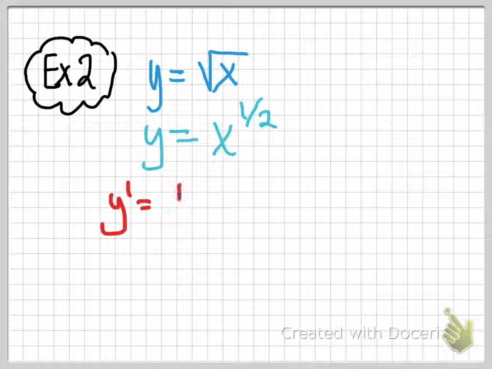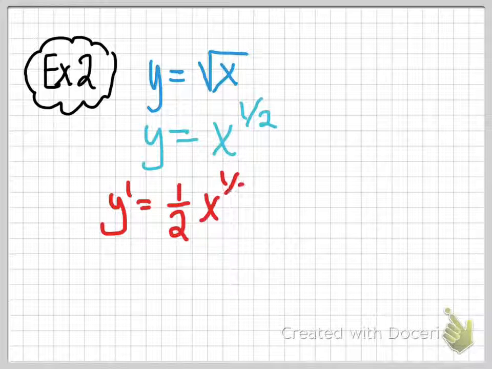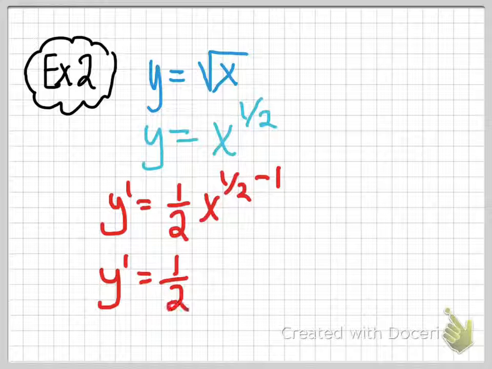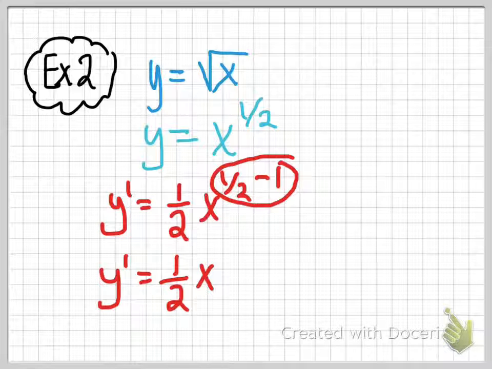Well, multiply the 1/2 down. So 1/2 times x to the 1/2 power. And then subtract 1 from the power. And so y prime is going to equal 1/2 x, and then 1/2 minus 1, we've got to do this math. That's going to be negative 1/2. And we don't really like negative powers, so I tend to want to fix these problems when you have a negative power.